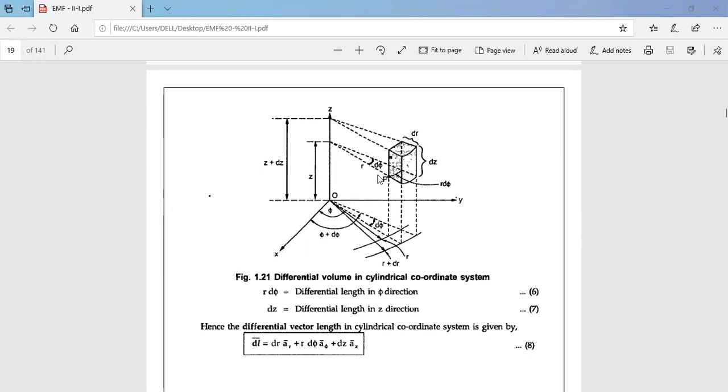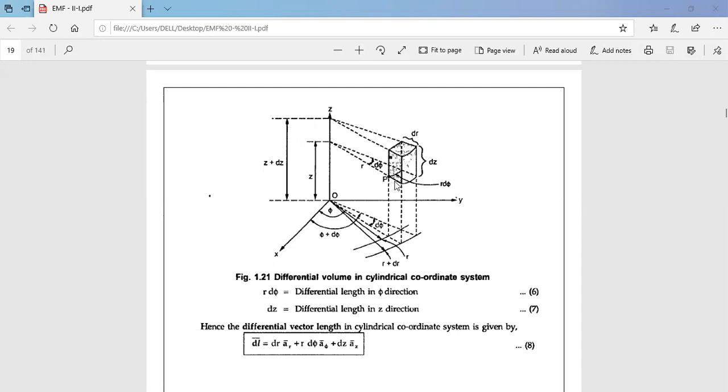So here, your DL. Okay. Your length is R. So your differential length is DL.